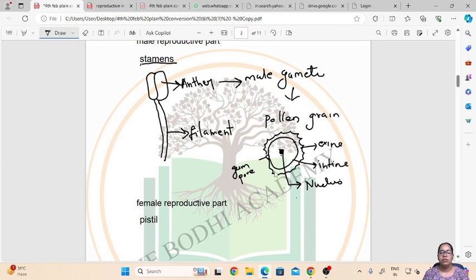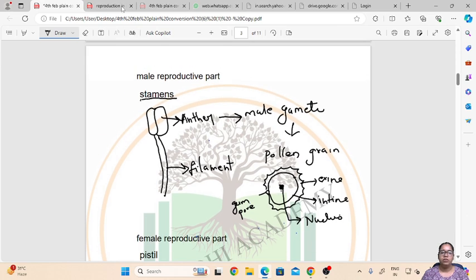So this is the structure of the pollen grain, which is the male gamete, produced in the stamens inside the anther of the male reproductive part.